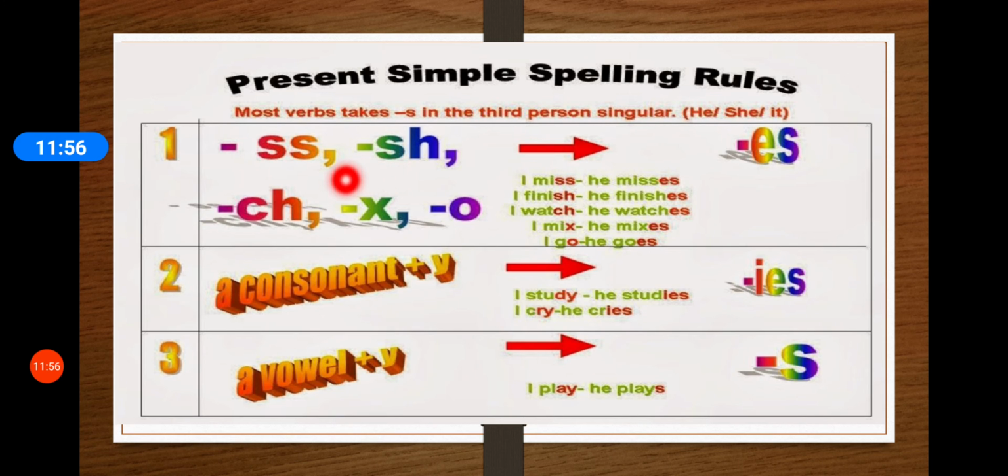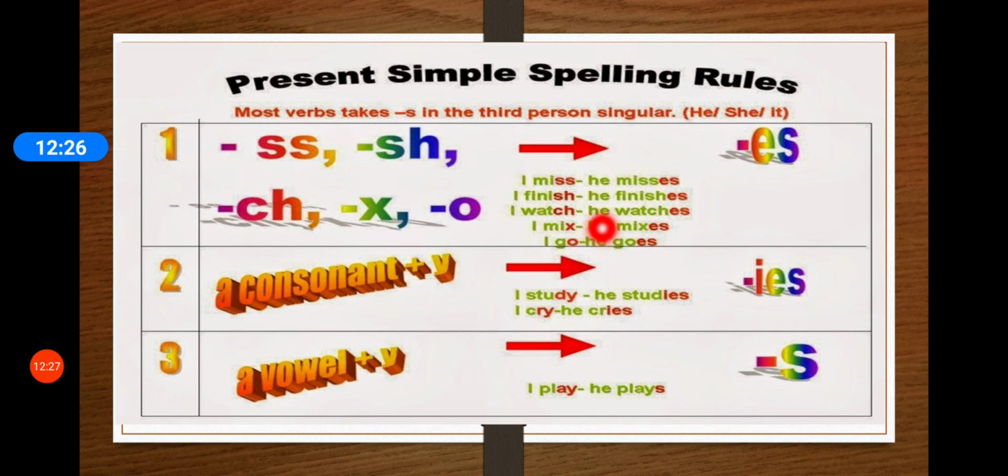But if the verb ends with double S, it would take ES. Like miss, I miss, he misses. So the ES we have added when the word ends in double S. Similarly, when the verb ends in SH, like I finish my work in time.